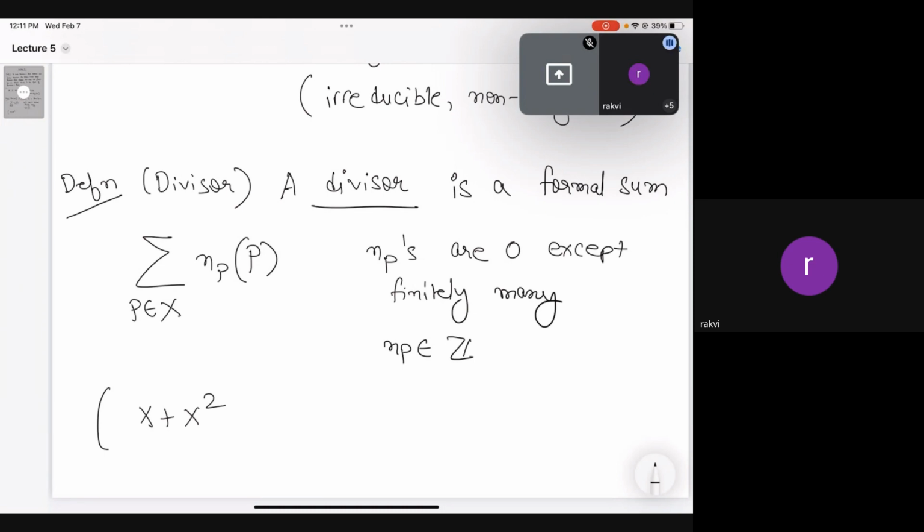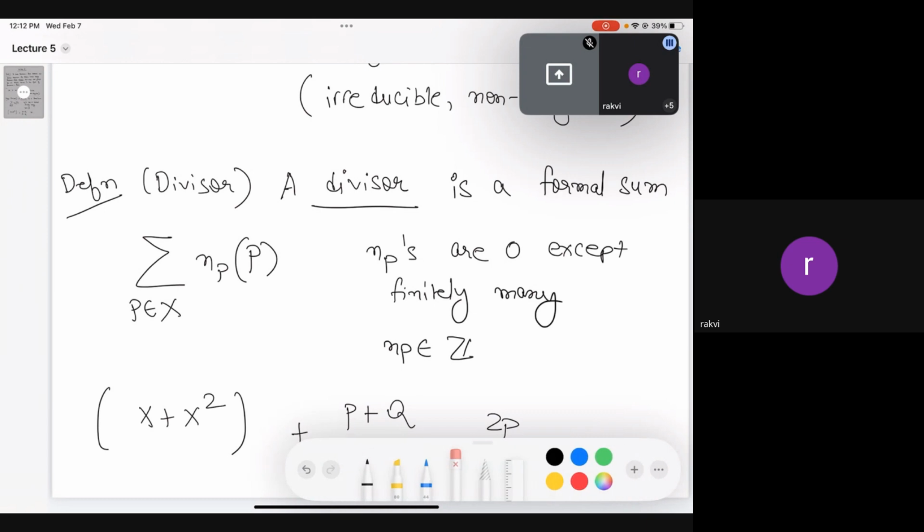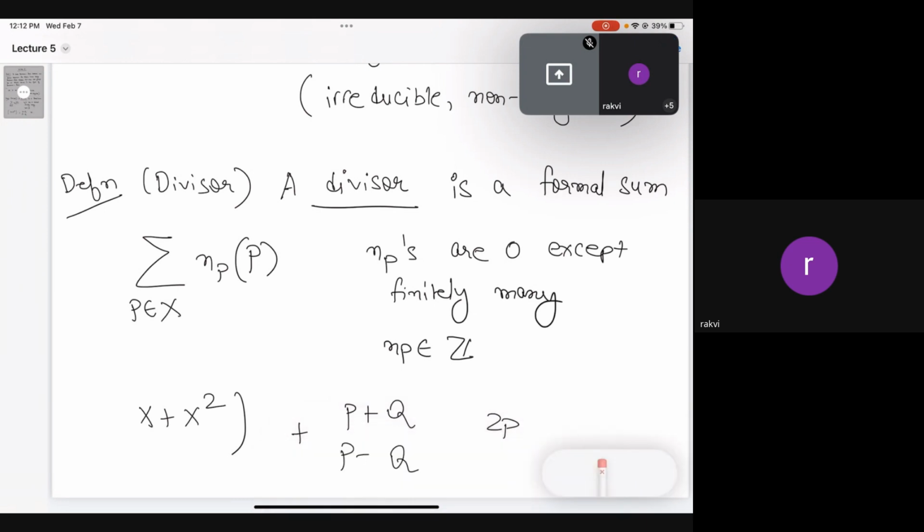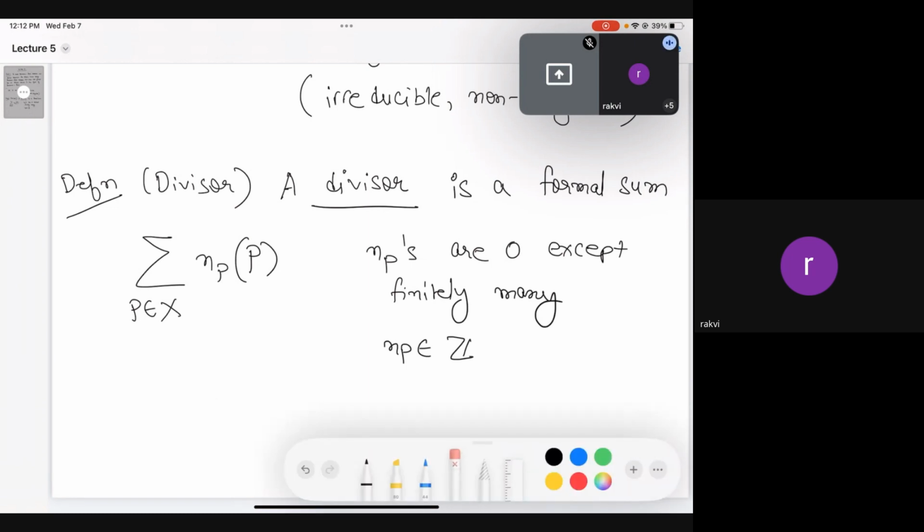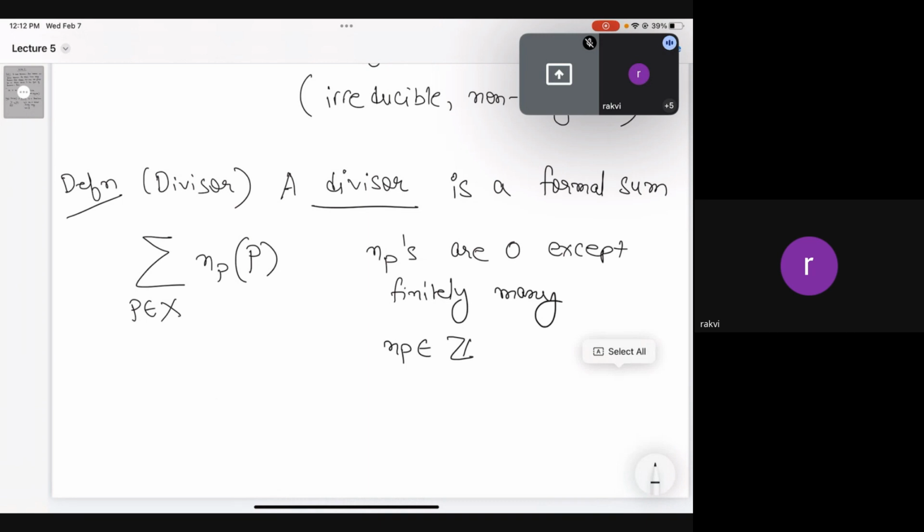Similarly here, if I give you 2 points, P plus Q, we don't know how to add these two things on a general curve. But if I know P plus Q and I know P minus Q, I add them coefficient-wise, so the sum will be 2P plus 0. This is what I mean when I say it's a formal sum. An analogous thing to think of would be polynomials.